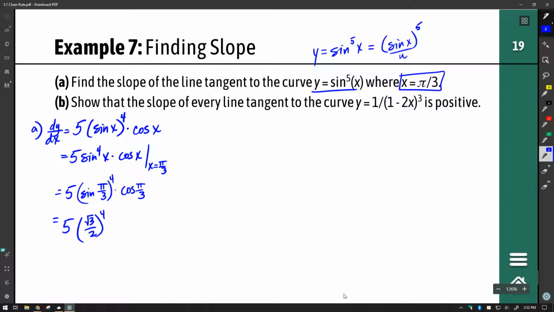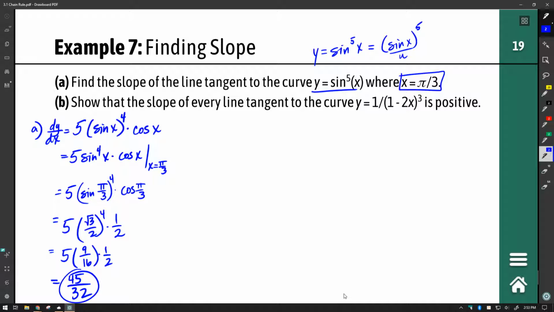And the cosine of pi over 3 is 1/2. So 5 times, this is going to be 9/16 times 1/2 for a final answer of 5 times 9 is 45 over 16 times 2 is 32. There's the slope of the line tangent to the curve at pi over 3.